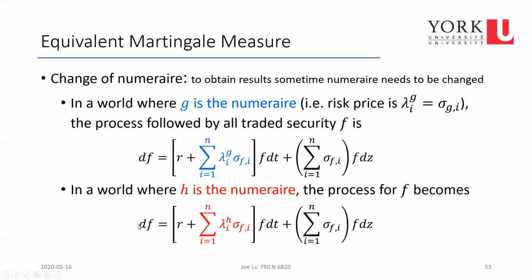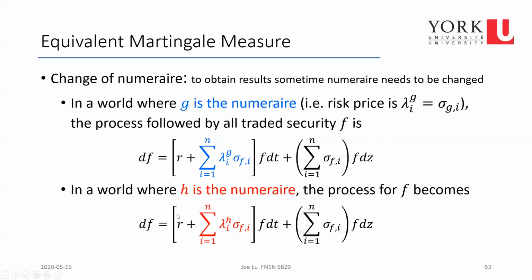So if your asset F is following this process, then F divided by H is a martingale process. Before, your asset F divided by G under this process for asset F is a martingale.